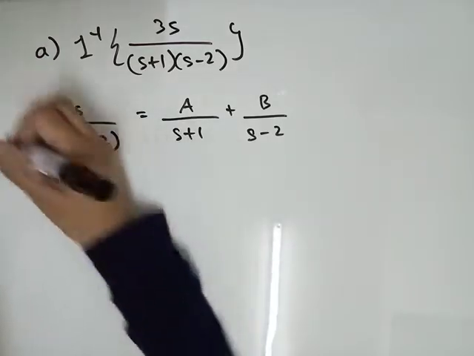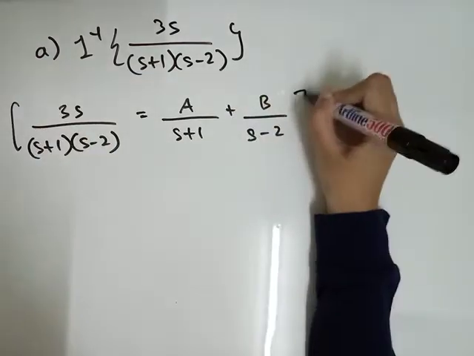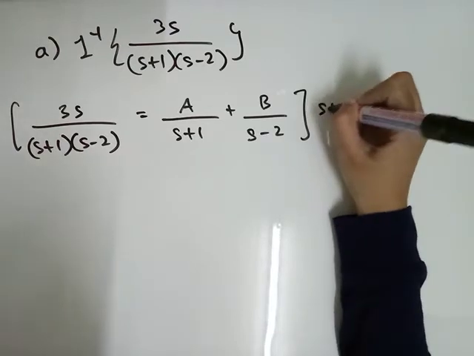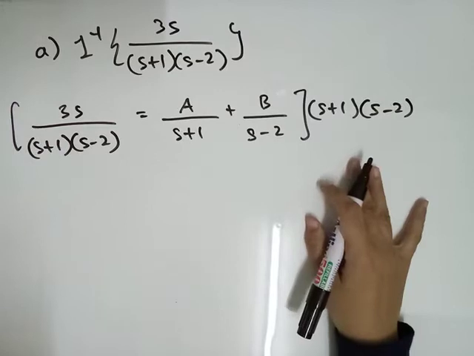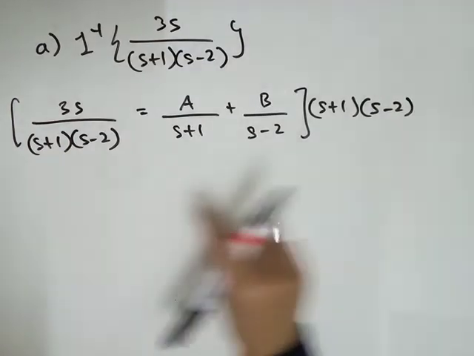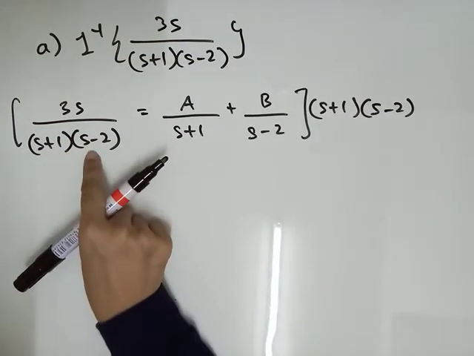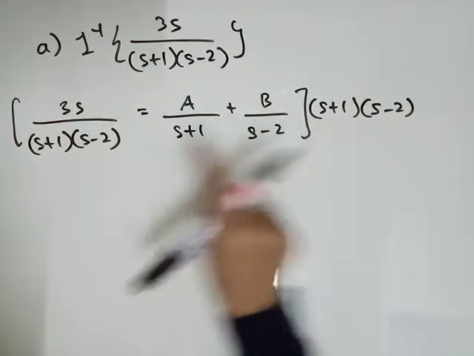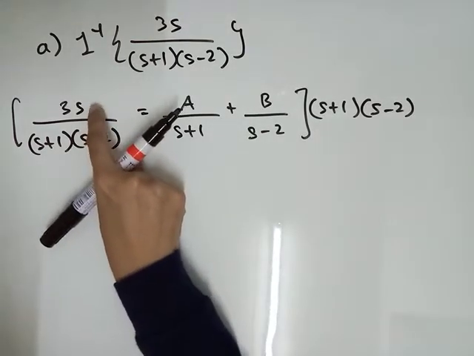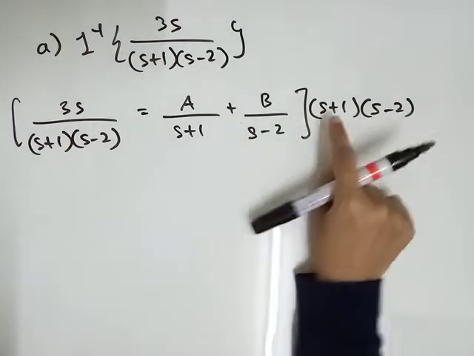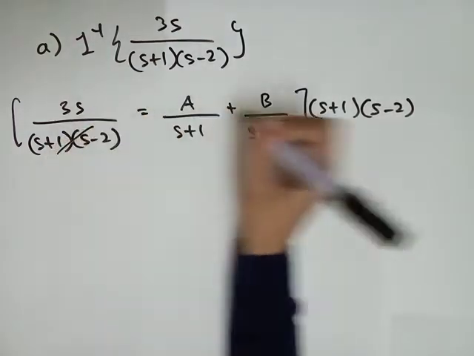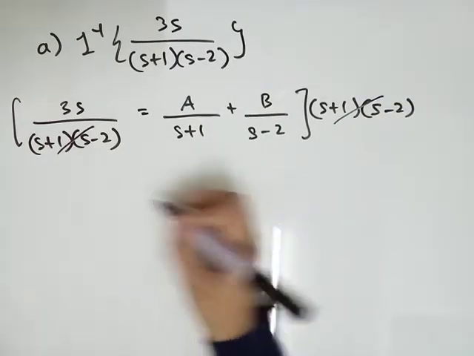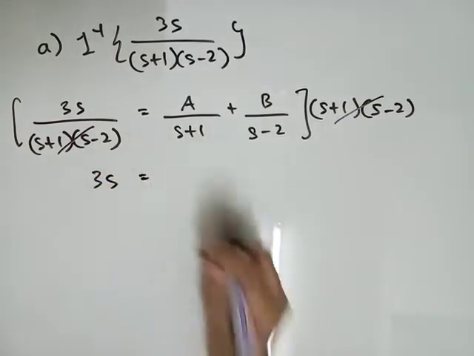How to eliminate? You need to multiply both sides with (s plus 1)(s minus 2). So 3s over (s plus 1)(s minus 2) multiplied with (s plus 1)(s minus 2): you can cancel these out and you get 3s.